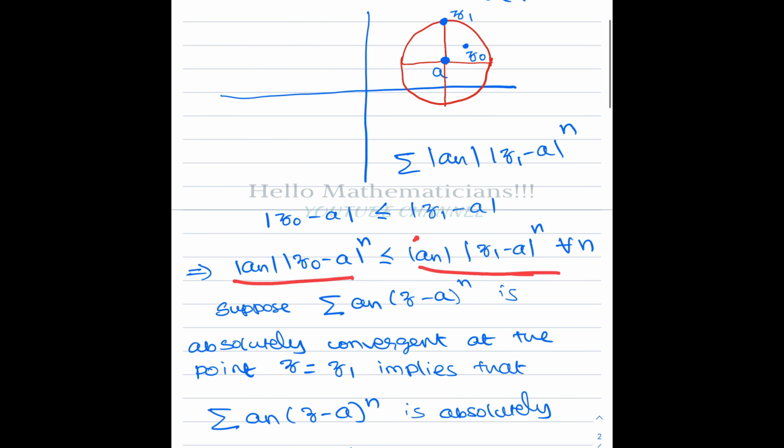The series whose nth term is this term is convergent. That is what we are assuming: at the point z1, the series is absolutely convergent. That means this series is convergent, and this is the nth term of a convergent series.